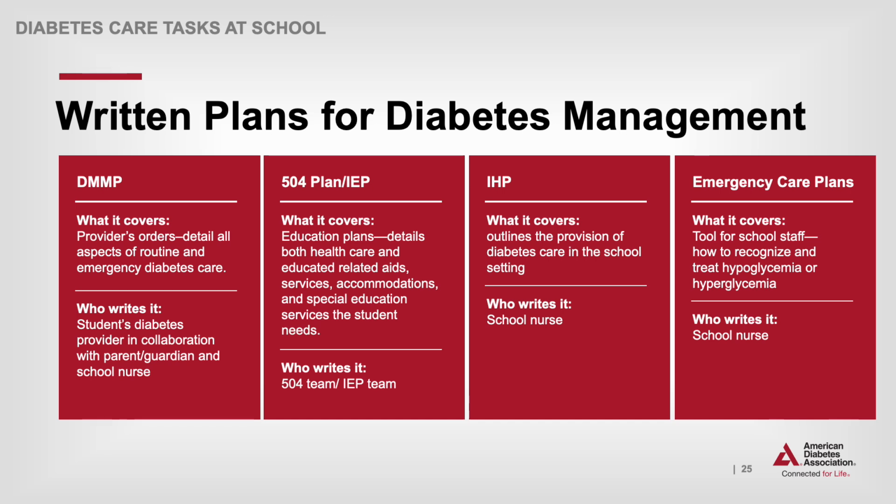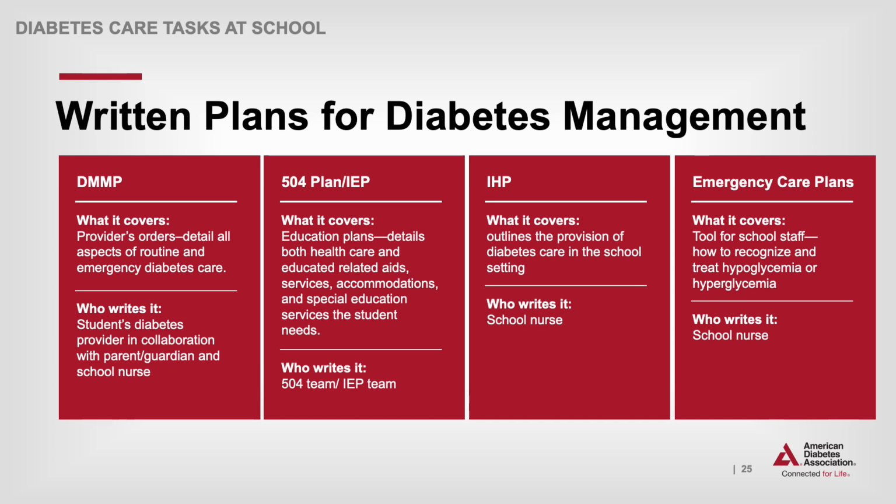The emergency care plans for hypoglycemia and hyperglycemia are quick reference plans developed by the school nurse that describe the individual student's symptoms and treatment of hypoglycemia and hyperglycemia.